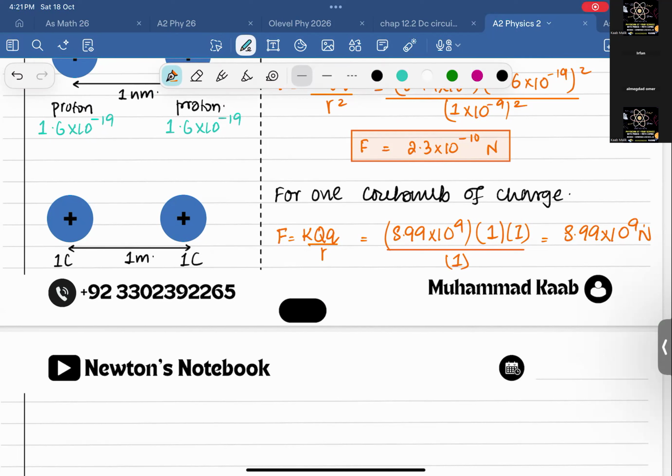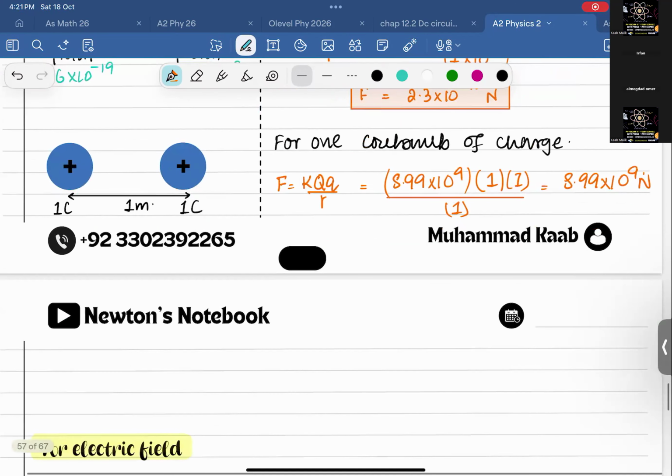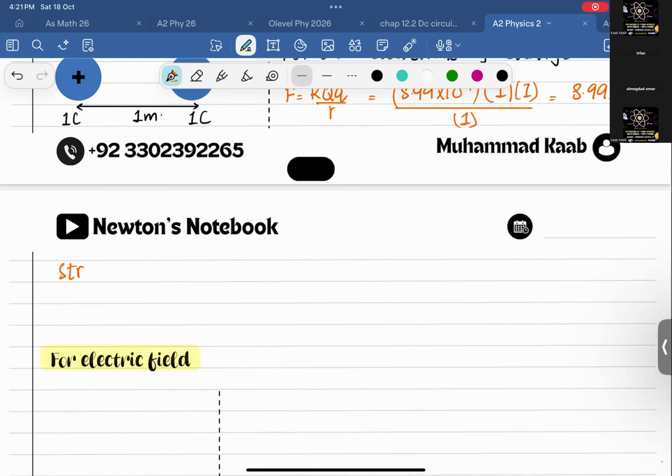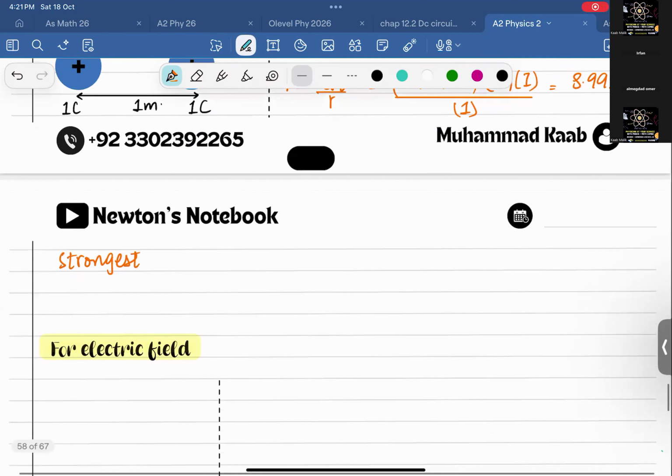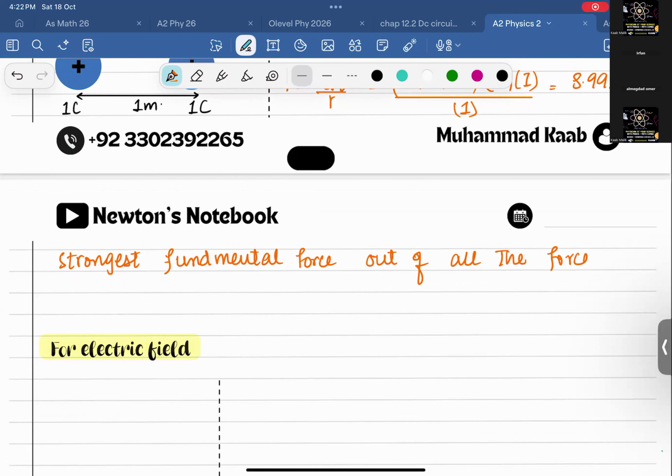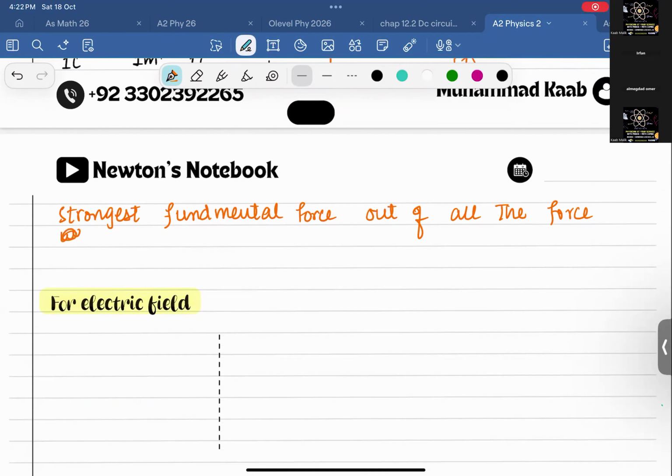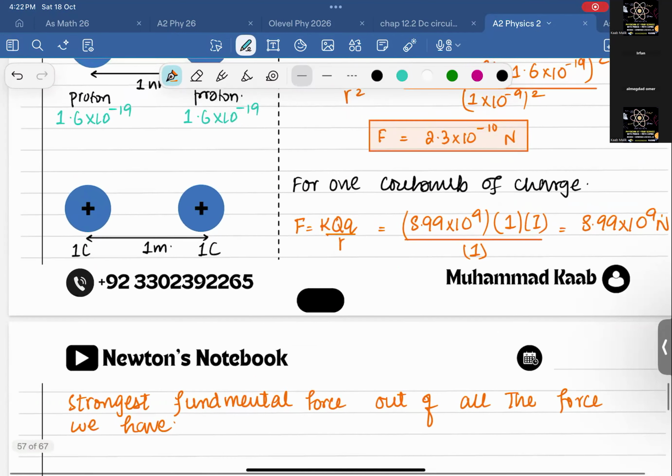So we can say that the electric force is basically the strongest fundamental force out of all the forces we have, right? And you can even perform a comparison as well, right?